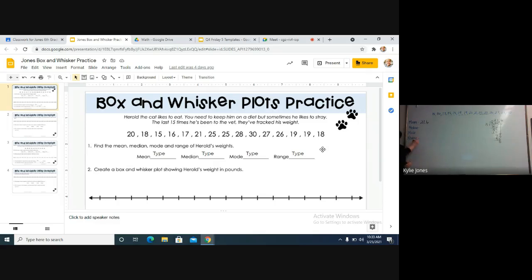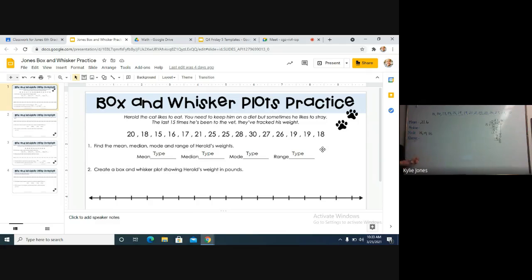And then there are some people that say that the mode is 18, 19, and 25. They say it's all 3. So let's go with this one, to show that there is a couple of numbers that happen more than once. So the mode will be 18, 19, and 25.